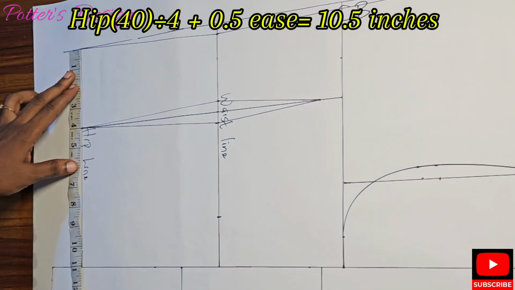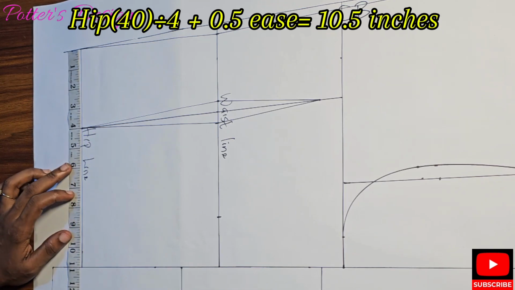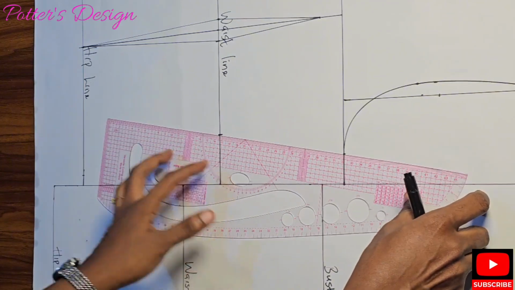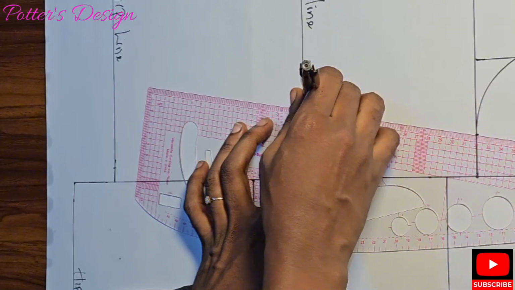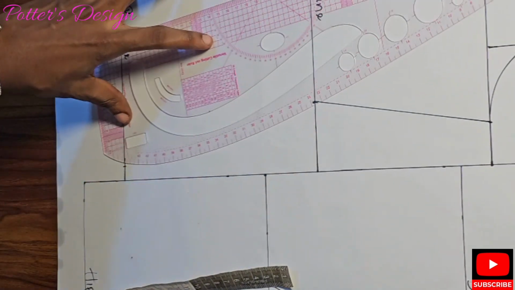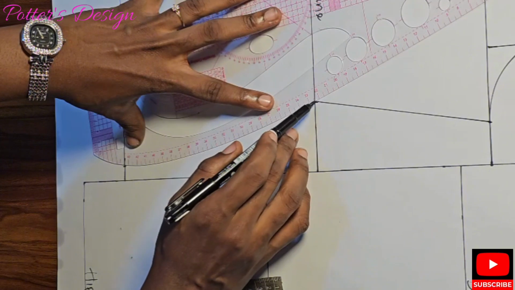Then on the hip line, you take your hip measurement divided by 4 plus 0.5 ease. Connect it to the armhole and then make use of this curved part of your pattern master to connect to the hip line.